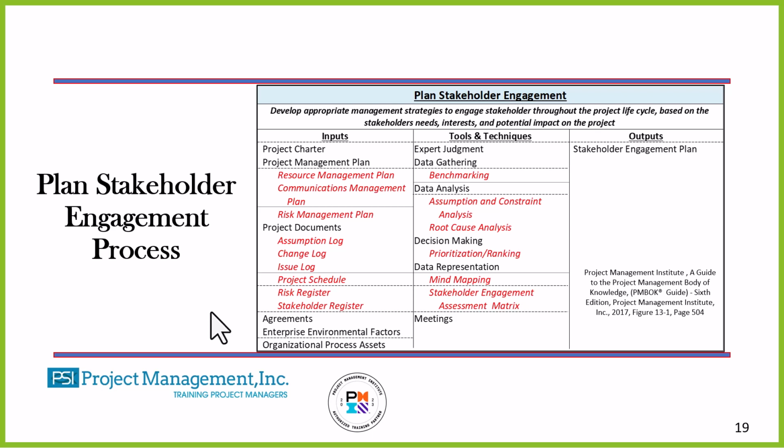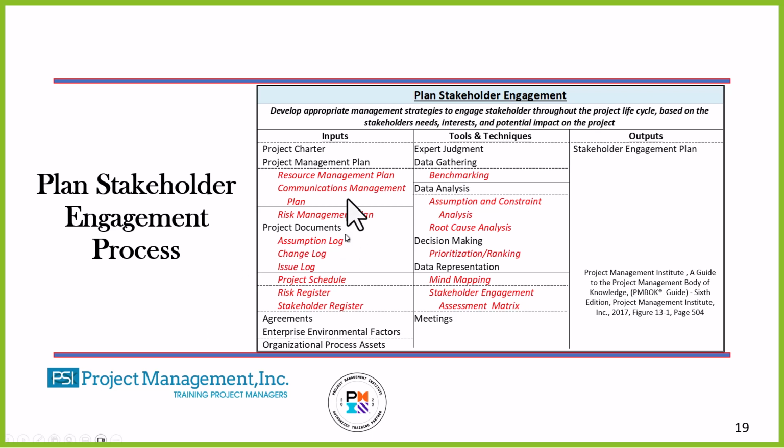If I do, I'm going to go back to my stakeholder register and update it. As I'm doing something else in the project, I may understand something more about one of the stakeholders, and I may come back to my stakeholder engagement plan and update it. So these plans are constantly updated. As I learn new information, I will update to reflect that new information.